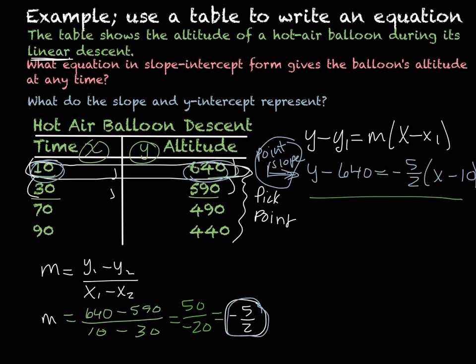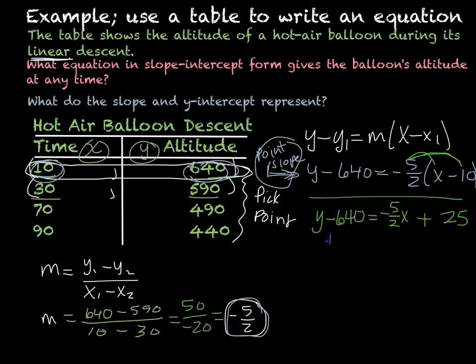So the next thing to do would be to distribute, and I get y minus 640 equals negative 5 over 2 times x, and then when I take 5 over 2 times negative 10, I get a positive 25. And then I just solve for y, because slope-intercept form says solve for y.